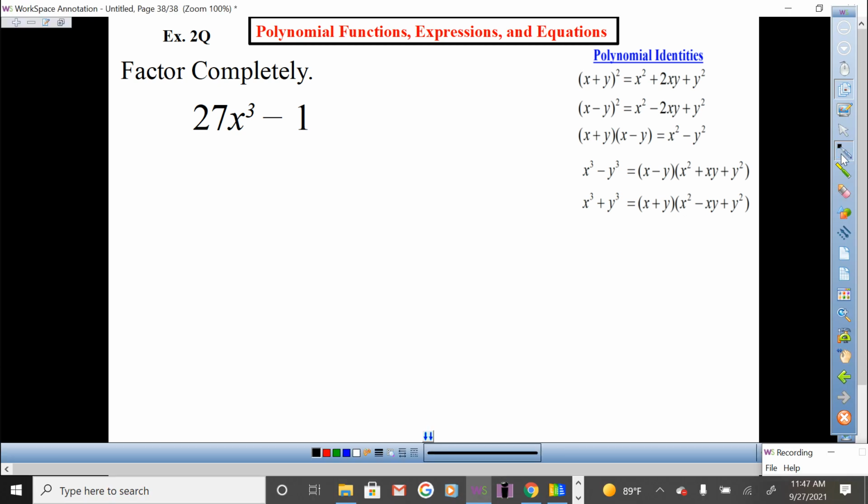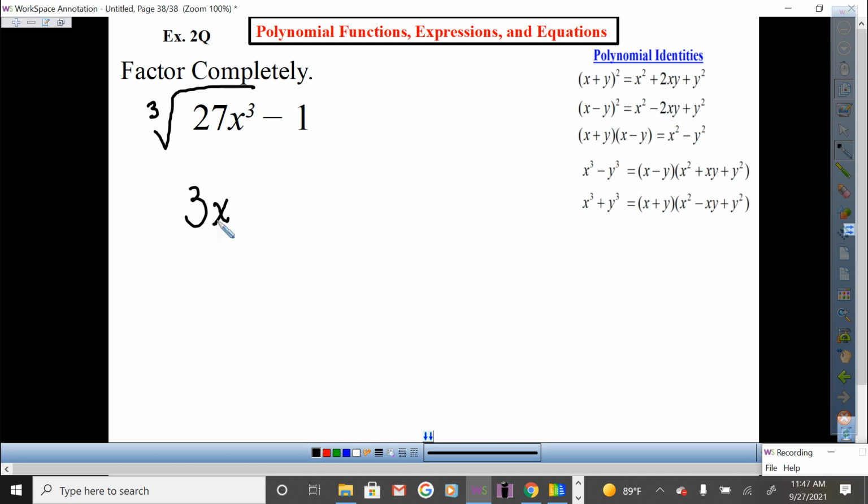Alright, first thing, what do we do to check? Well, there's a difference, yes. And then, see if we can take the cube root of the first term. What is cube root of 27? 3. Cube root of x cubed? X. What is cube root of 1? 1, okay. So that means that whenever I see an x, what am I going to write?